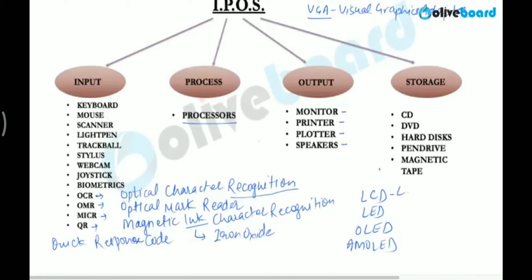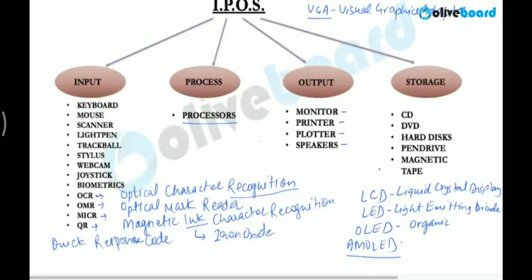LED stands for light emitting diode. OLED is nothing but organic light emitting diode, so the O stands for organic. And AMOLED stands for active matrix organic.